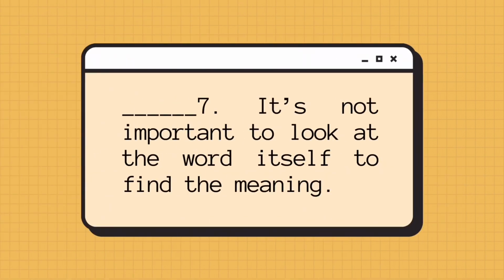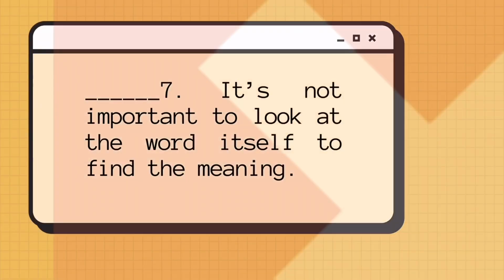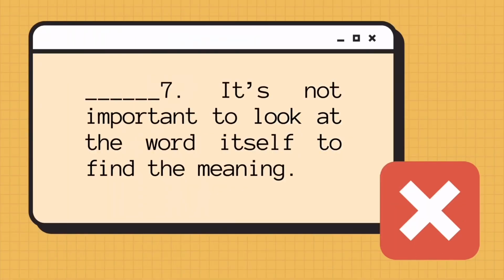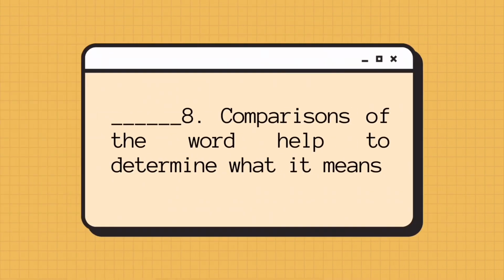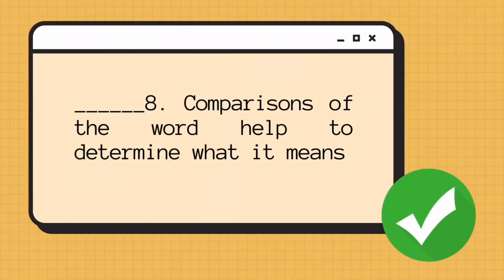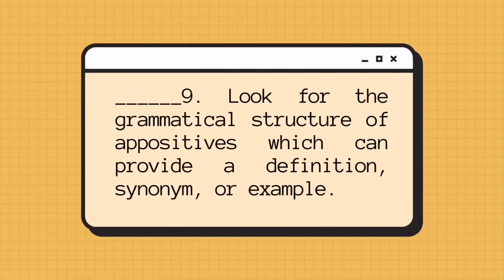Number 7. It's not important to look at the word itself to find the meaning. The correct answer is a cross mark. Number 8. Comparisons of the word help to determine what it means. The answer is a check mark. Number 9.